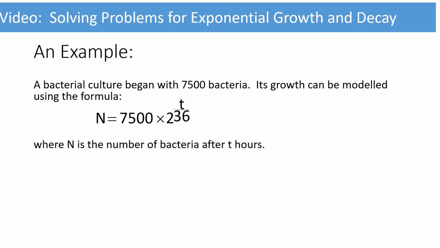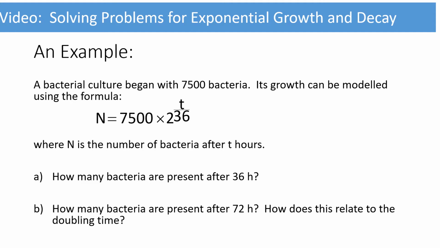So N would represent our final amount. We want to know how many bacteria are present after 36 hours. Then, how many bacteria are present after 72 hours? How does this relate to the doubling time?